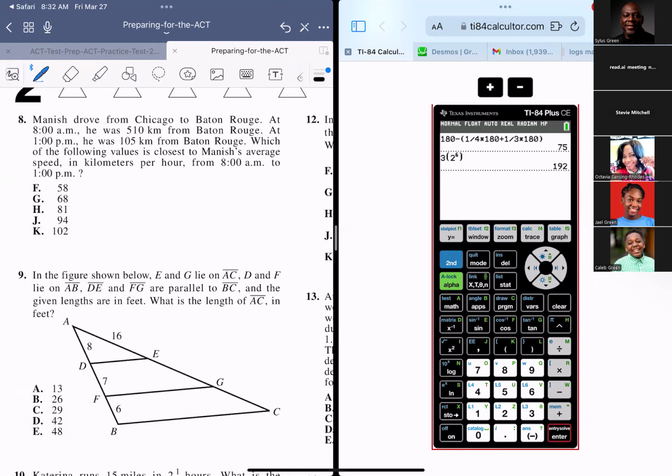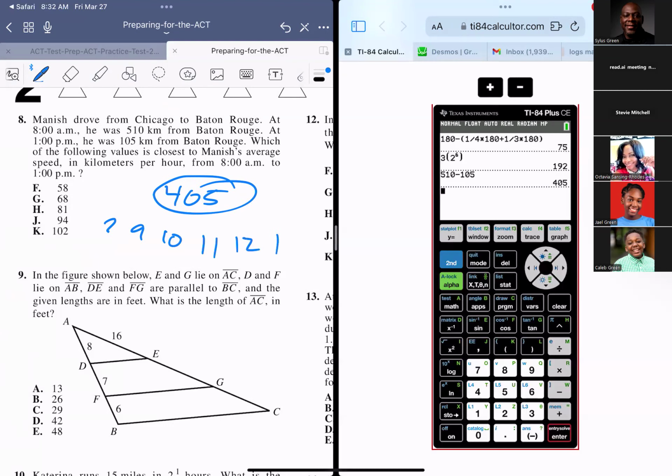If I did this without knowing that, I would just do 510 kilometers from Baton Rouge. At first he's 510 away, and then he's 105 away. That means he traveled 405. And how many hours? So 8 a.m. to 1 p.m. That's 9, 10, 11, 12, 1.